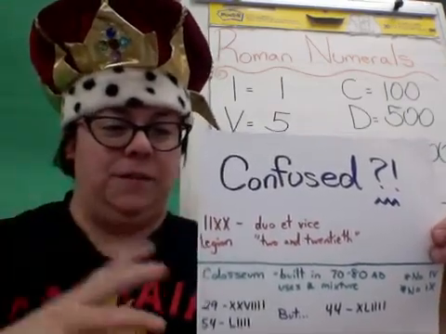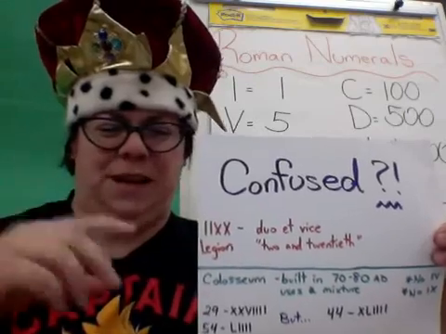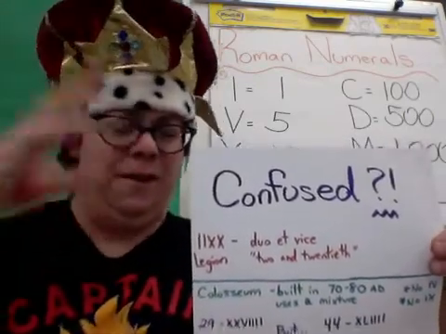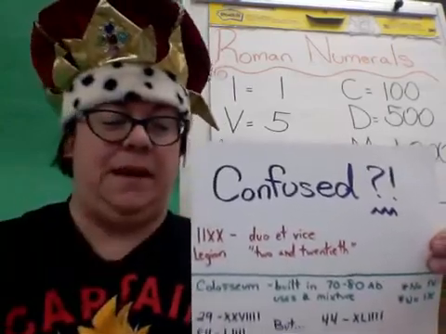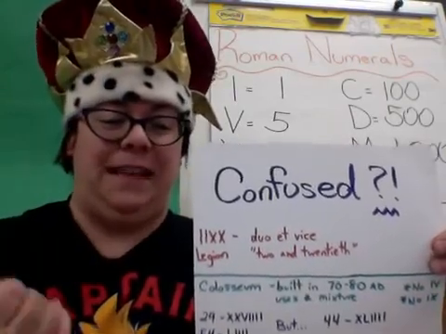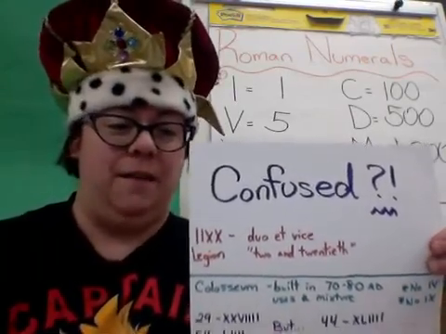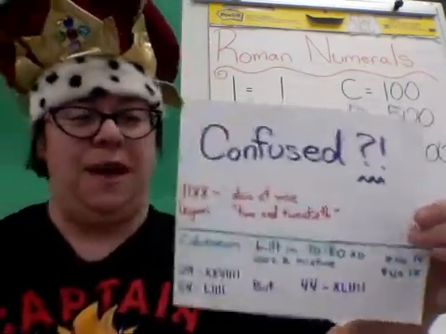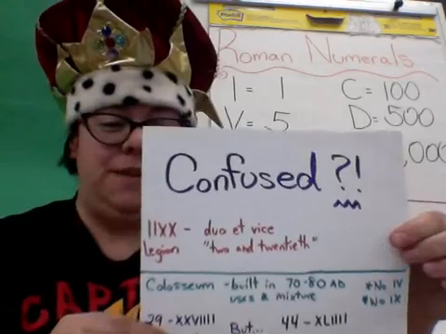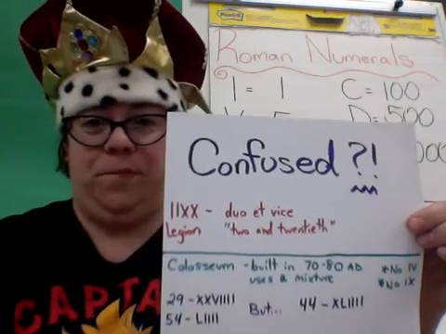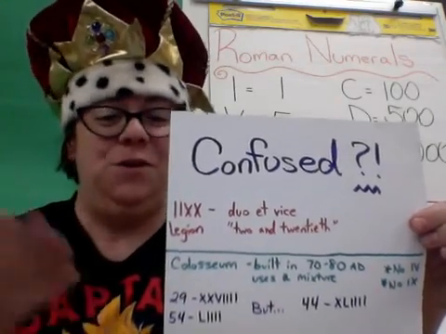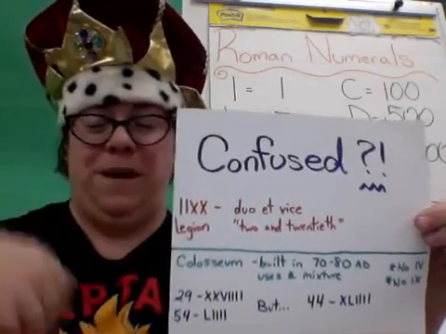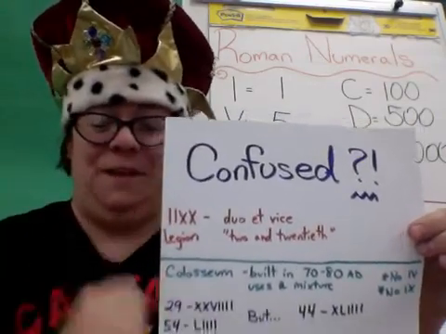It doesn't follow, it's sort of subtractive notation, but really it's not. There should be a 10 and a 5 and 4, 1, and this doesn't make sense. Except that in Latin, 22nd was actually written as duo et vice, which means 2 and 20th. So the 22nd, or the 2 and 20th Legion, was one of Rome's most famous armies, and that's how they were written.